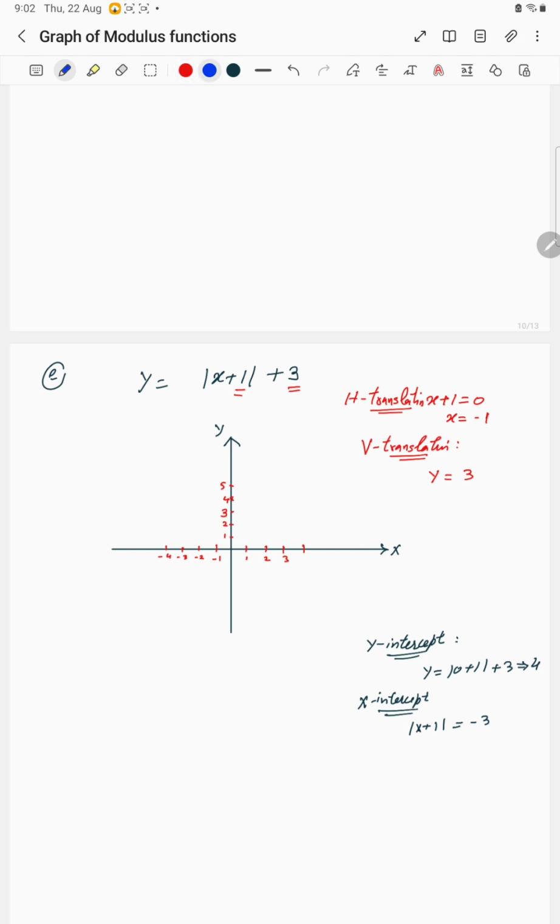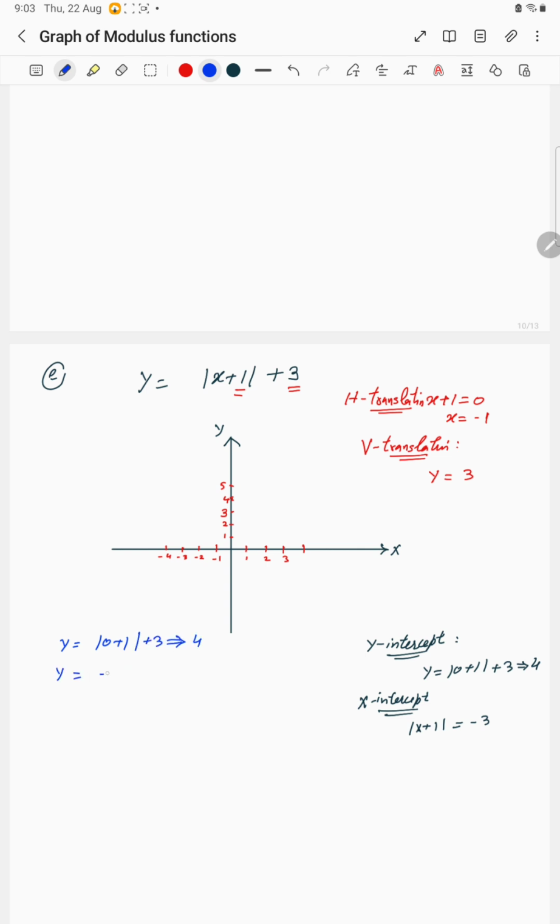So see the graph. This is a case study for the transformations, horizontal and vertical. This plus 3 means translation in the positive y direction, and within the function plus 1 means translation in the negative x direction. So when x is 0, you can see 0 plus 1 plus 3 gives me 4.